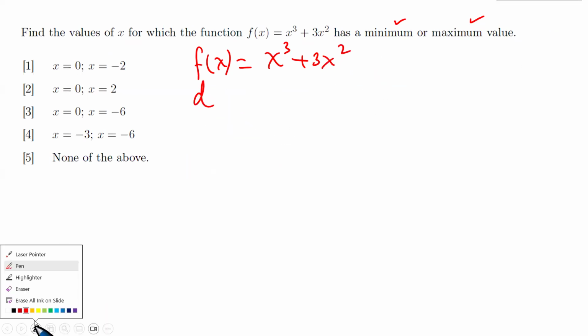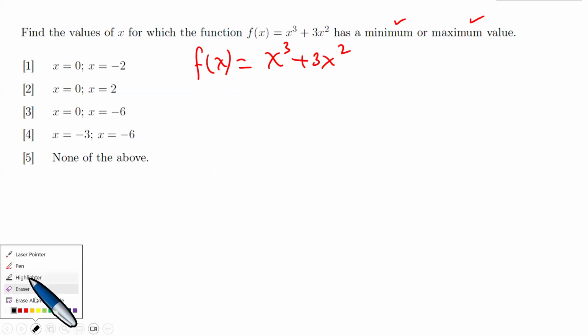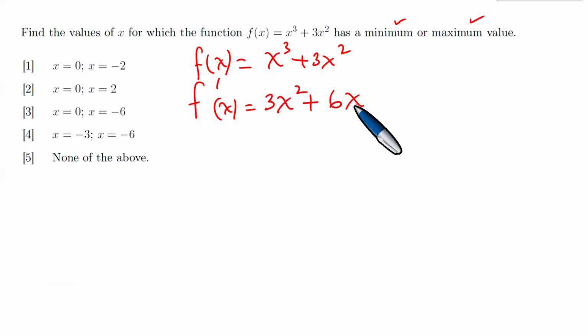You can use the prime notation for the derivative, so that we have f prime, because we need the minimum or maximum, so we find the derivative, which is 3x squared plus 6x.